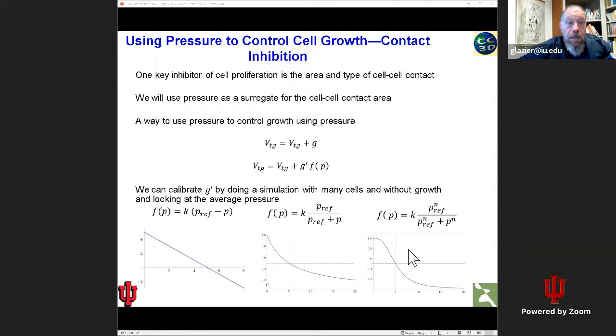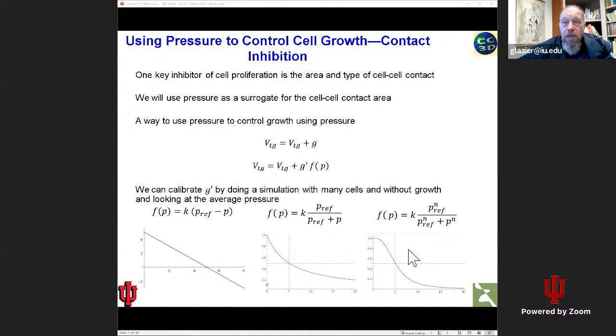Here I've drawn schematically three possibilities. In this case, I'm assuming that as the system gets more crowded, the pressure goes up. The axes are actually not labeled because when I copied it, the axis labels got lost. So the X direction here is the pressure, if the cells are under pressure, and the y-axis is the growth rate.